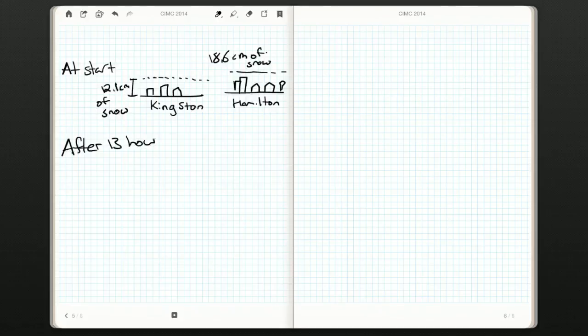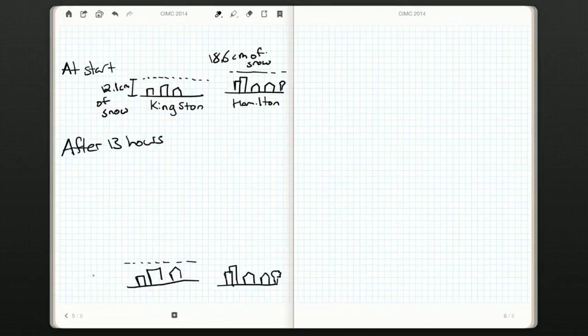So after 13 hours, what's our snowfall going to look like? Well, here's Kingston again. And here's Hamilton. Draw that tree a little better this time.